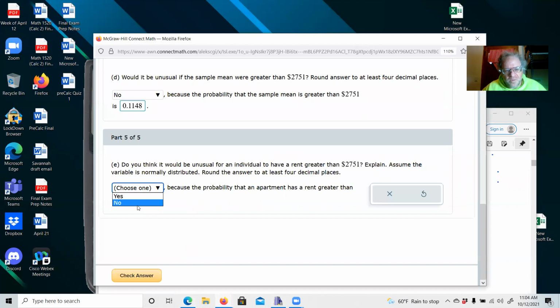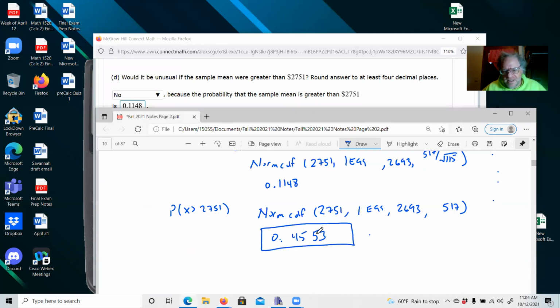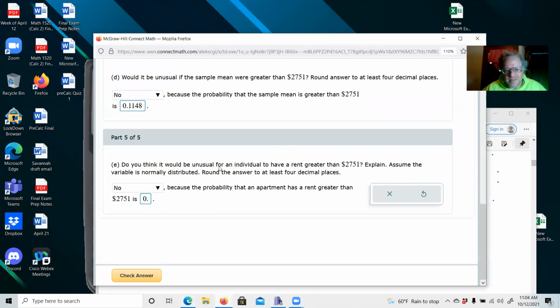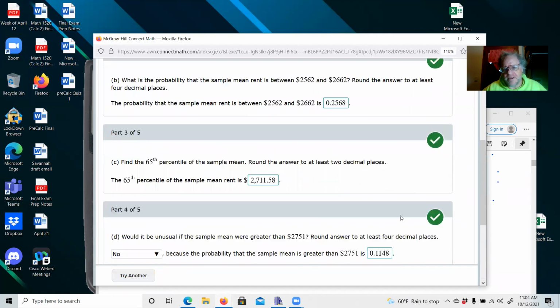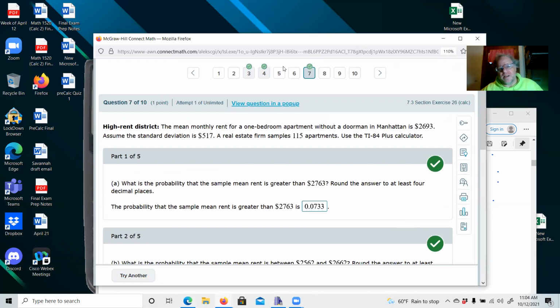Okay, so no, it's not unusual. 0.4553. All right, my fingers are crossed here. Let's see what we got. All right, we're okay. All right, that was a long one.